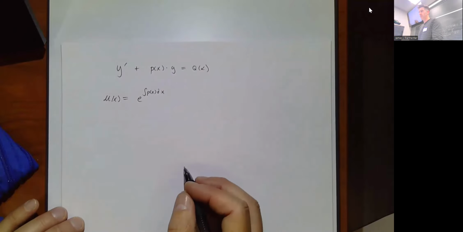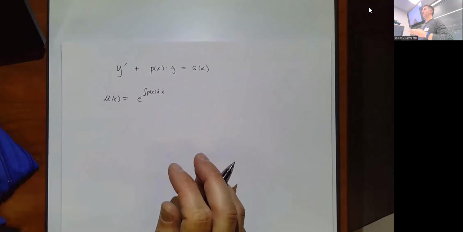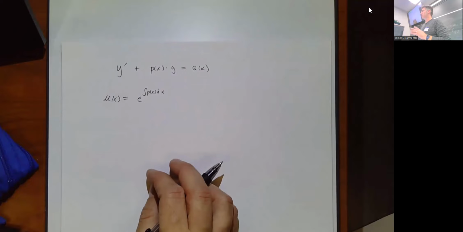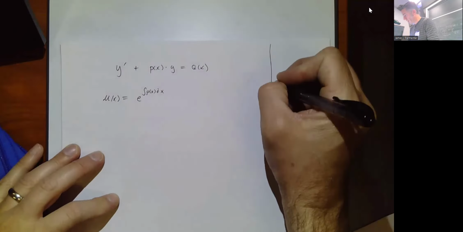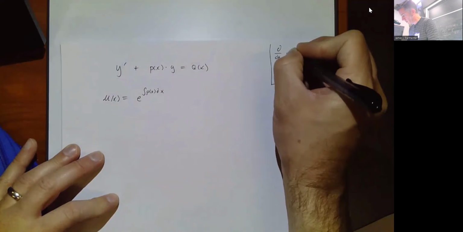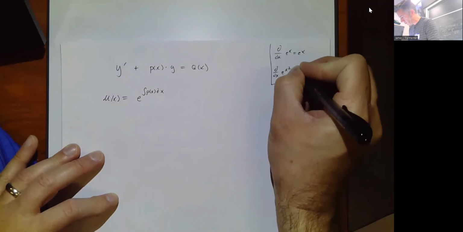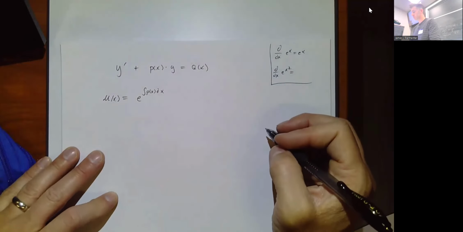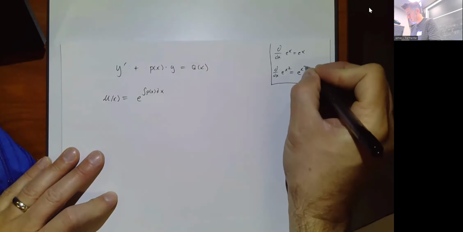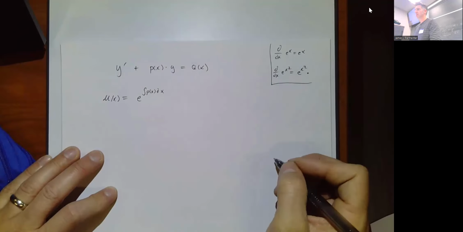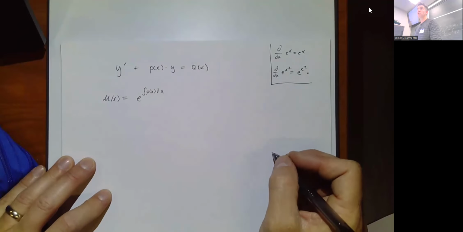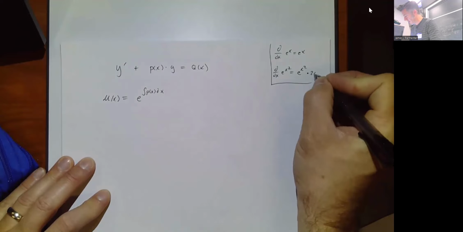So let me ask everybody, what's the derivative of e to the x? Cool. Real quick, just so we can check everyone's understanding here, what's the derivative of e to the x squared? E to the x squared times 2x.